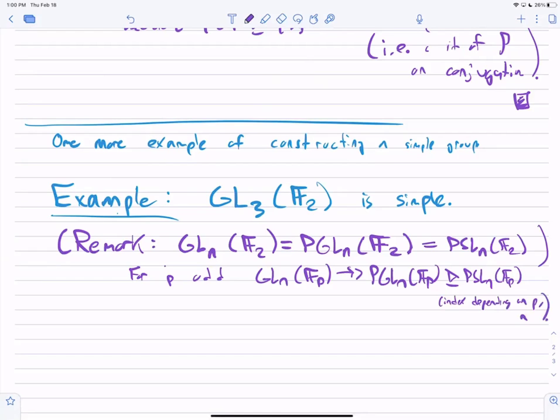For certain p and n, this index will be 1, but in general, it won't be index 1.